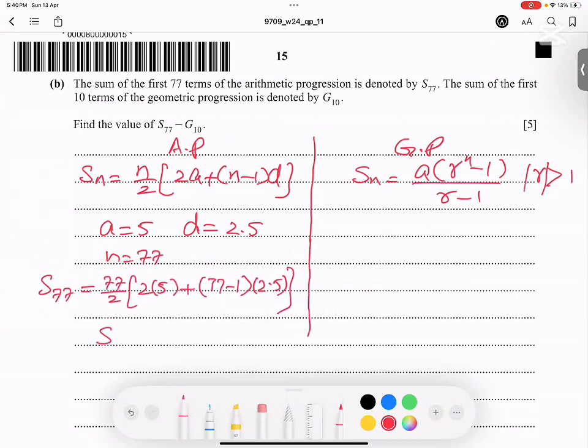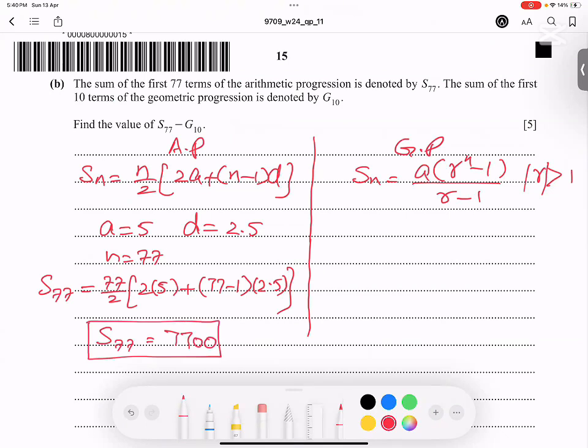If I type it in the calculator: 77 divided by 2 outside, inside 10 plus 76 times 2.5. And I'm getting 7700. So this is my first part.